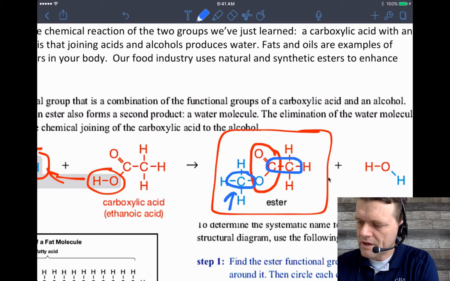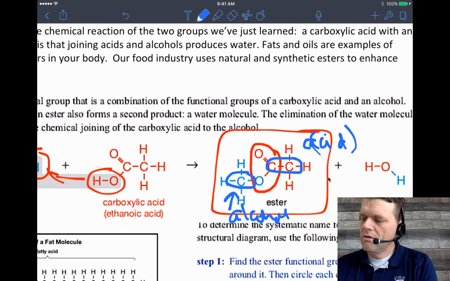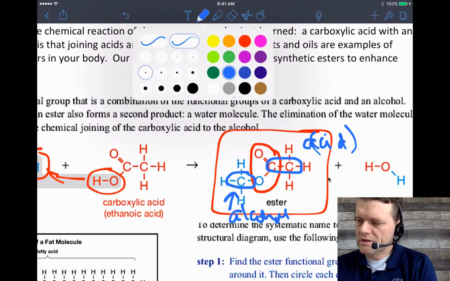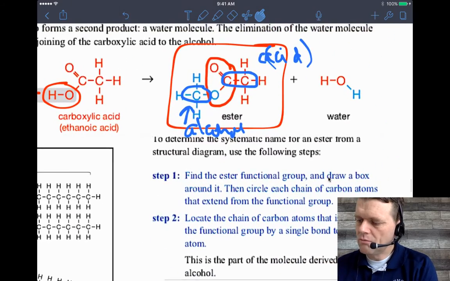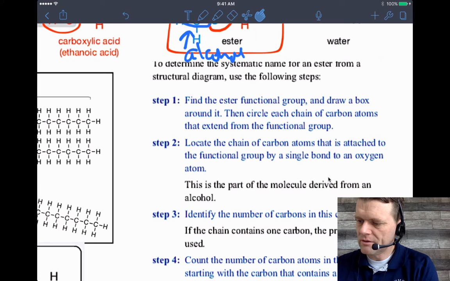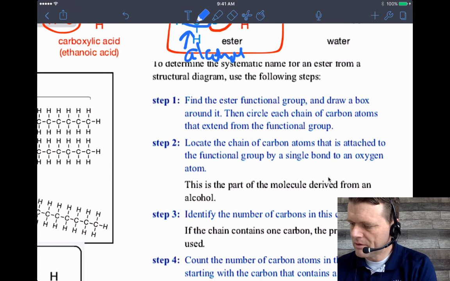This one here is the alcohol, and this was the acid, the carboxylic acid. So we name the alcohol first. It's just how it's done. And in this case, it's one carbon, so that would be methyl, just like it says in this example. The prefix methyl is used because there's only one.